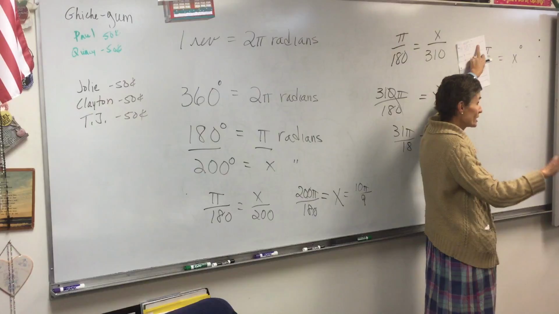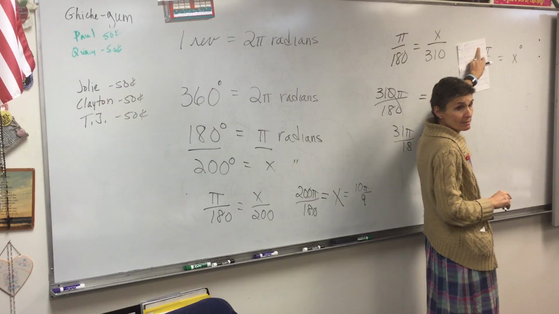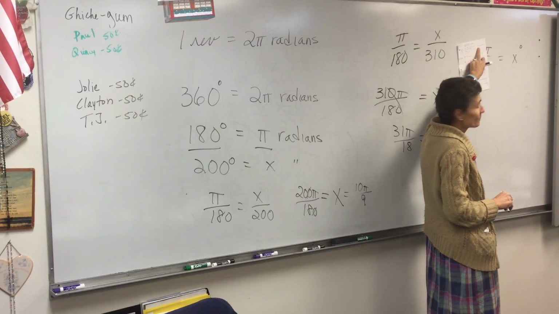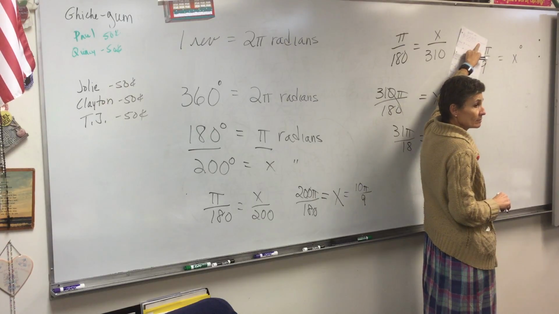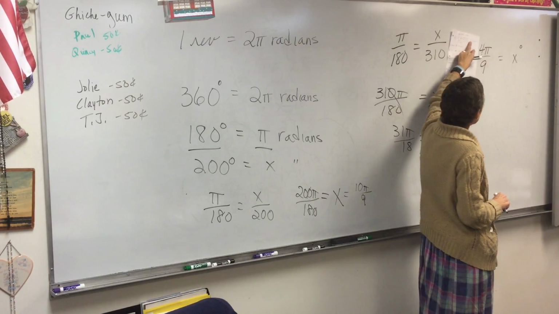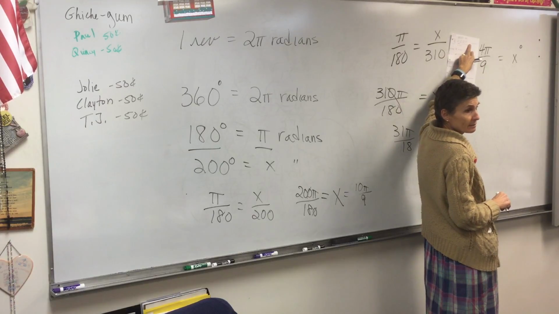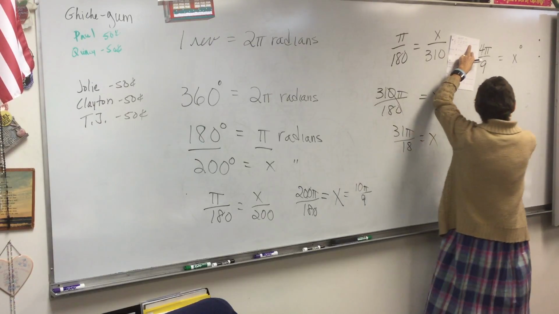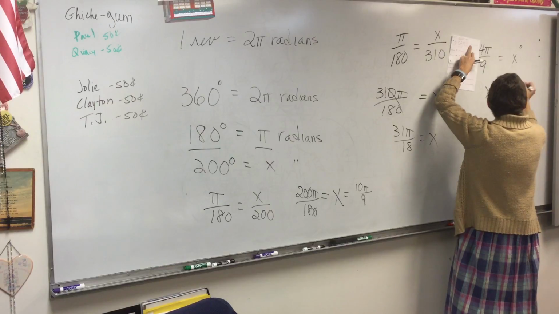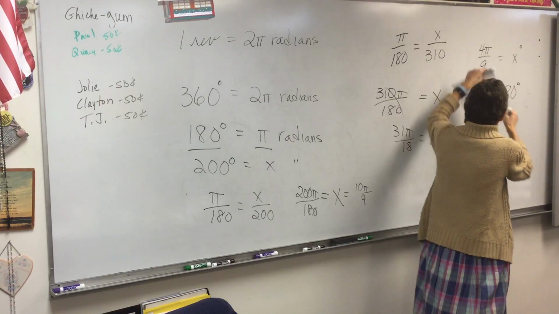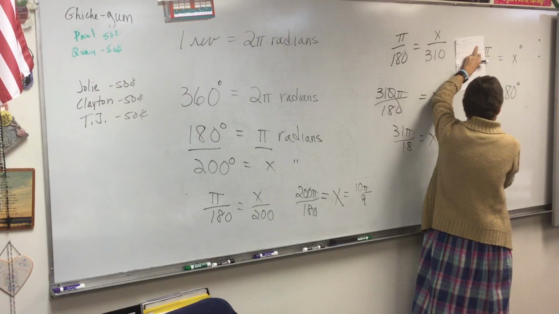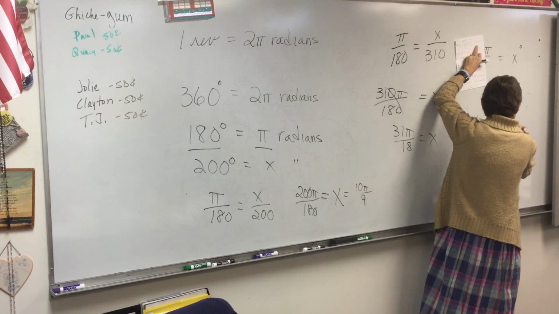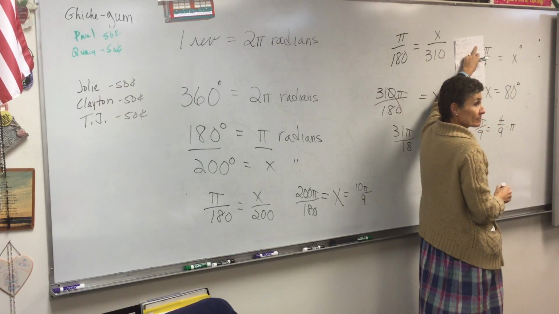Pi, just pi, is how many degrees? 180. So what would pi over 9 be? 20. And what would 4 of those be? 80. That is 80 degrees. Now, how did I do that? I recognize that 4 pi over 9 is 4/9 times pi.